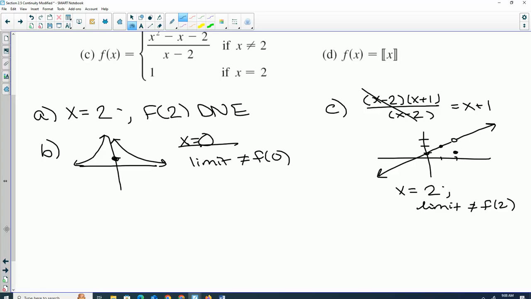Alright, last one. What does that symbol mean? Greatest integer function. Remember that one? It's like your step function. Like this. Where is that one discontinuous?